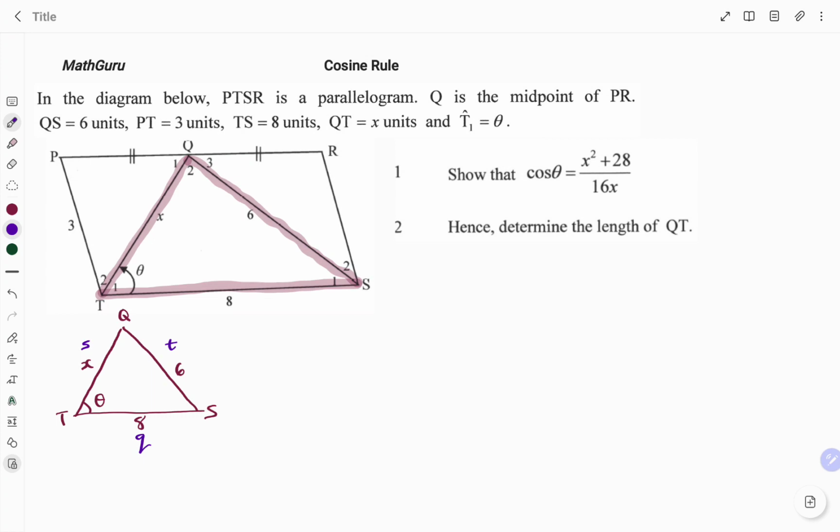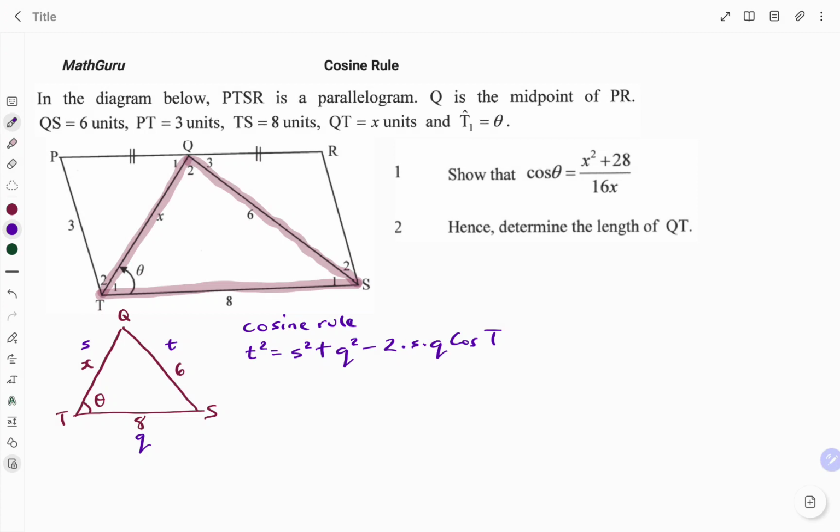Using the cosine rule, starting with the side facing the reference angle theta, I have t squared equals s squared plus q squared minus 2 times s times q cos the reference angle t.